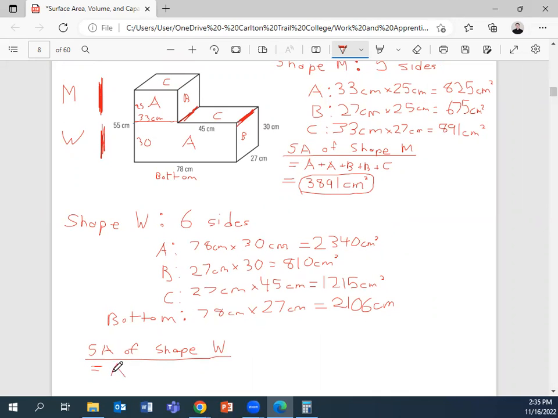So for the bottom shape, there's a front and a back. There are the 2 sides, the B's, there's 2 B's, plus B plus B. There is this little top section here, there's C. And then there is the bottom.